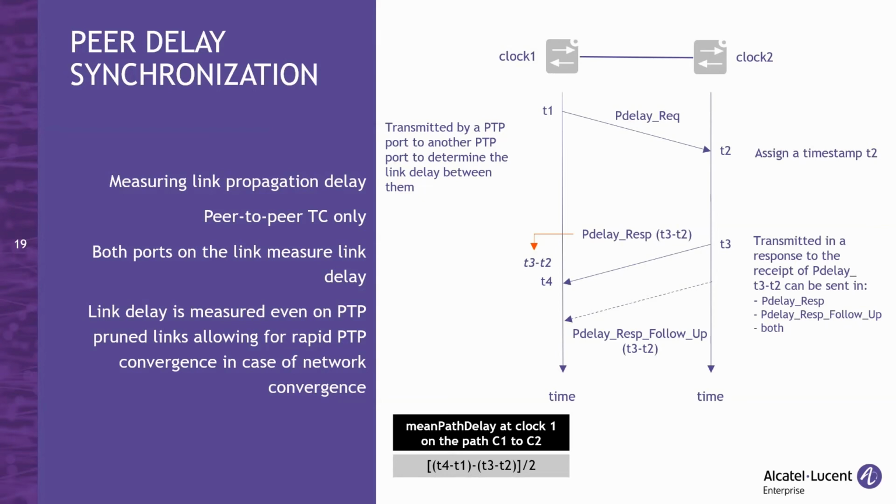Once peer delay response will be received and time-stamped on ingress with T4 time, clock 1 will have all info in order to calculate mean path delay on the path. The same process will be repeated by clock 2, by which clock 2 will also have information about link delay.